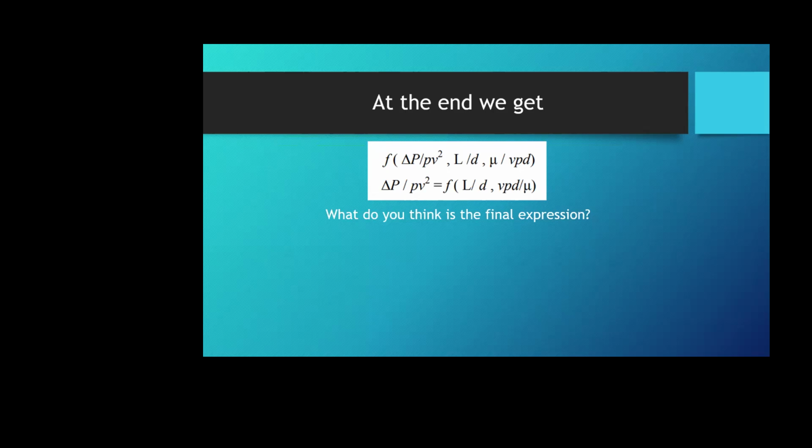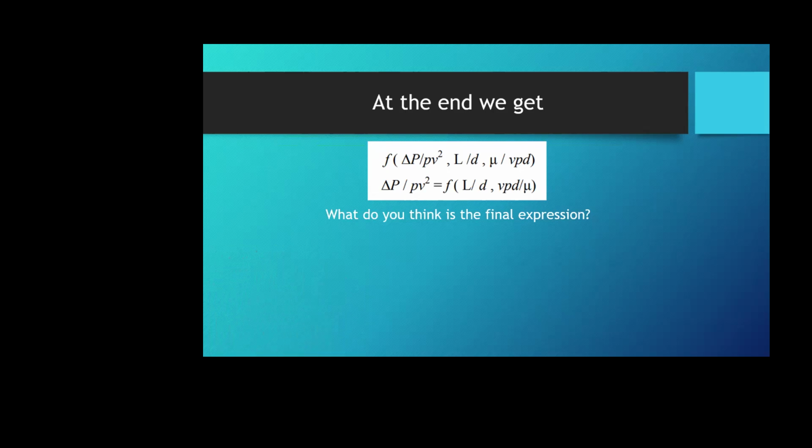And then you will tell me, but this was mu divided by rho V D. No, it's the same. This is also dimensionless. You can exchange if you want. It doesn't matter because at the end, the units on the left and the right have to be consistent.